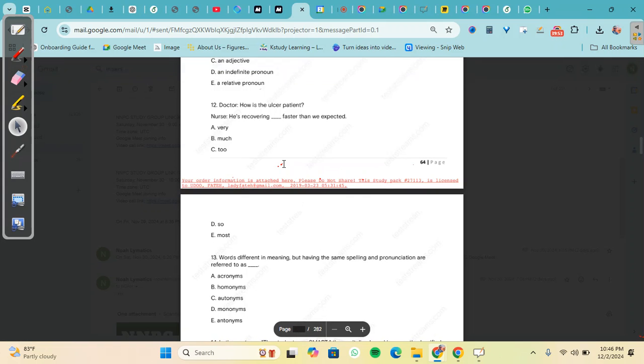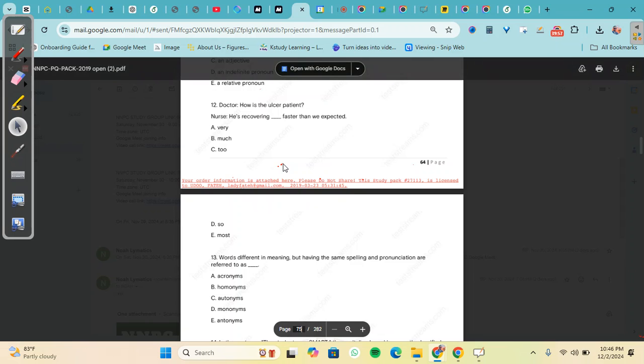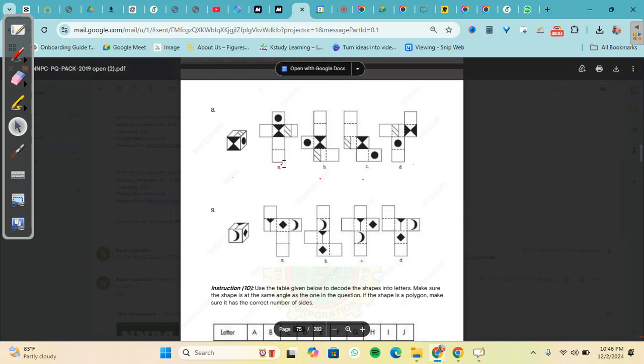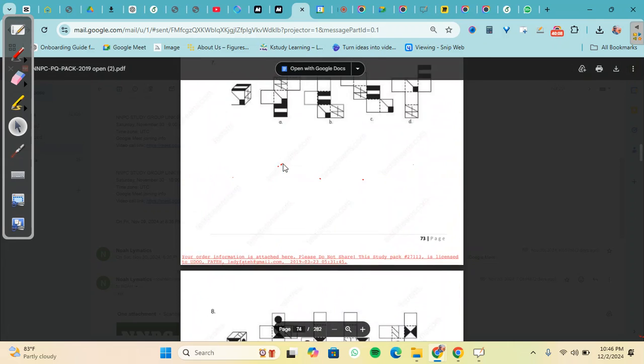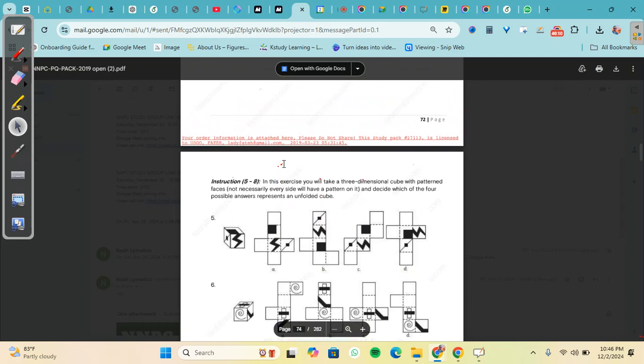One thing is I need to just practice it well, because I'm not sure whether this is very easy to understand at first sight. Page 75. Just looking at this diagram, let's read the instruction.